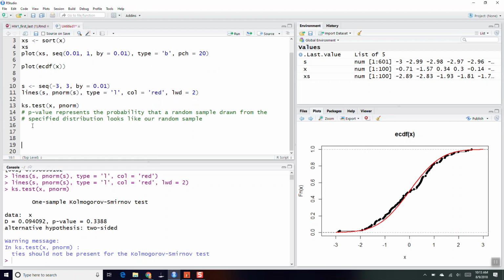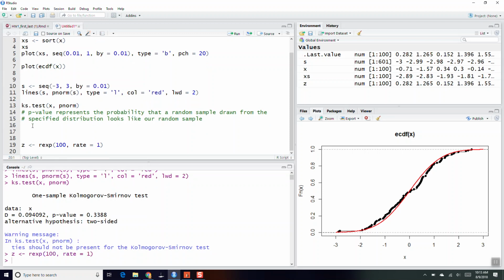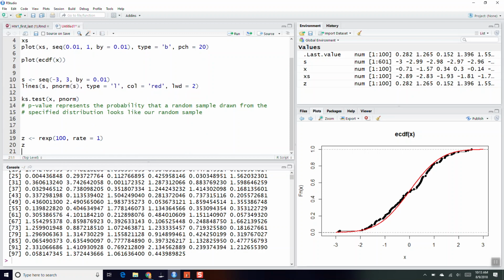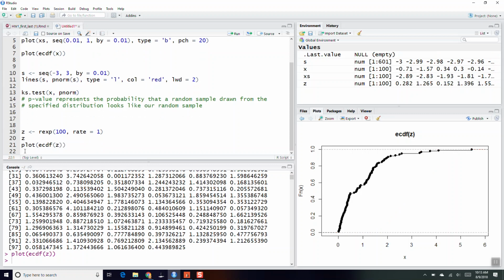Meanwhile, if I generated data z from the exponential distribution, this is what our data looks like, and I can ask, let's plot the ECDF of z. It looks like this.